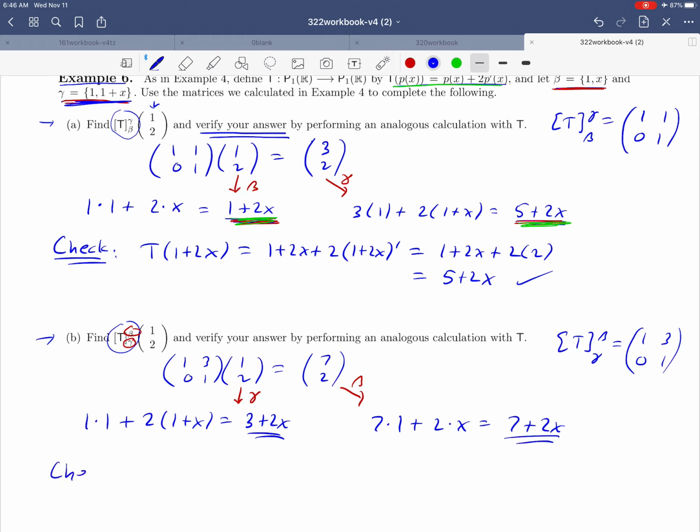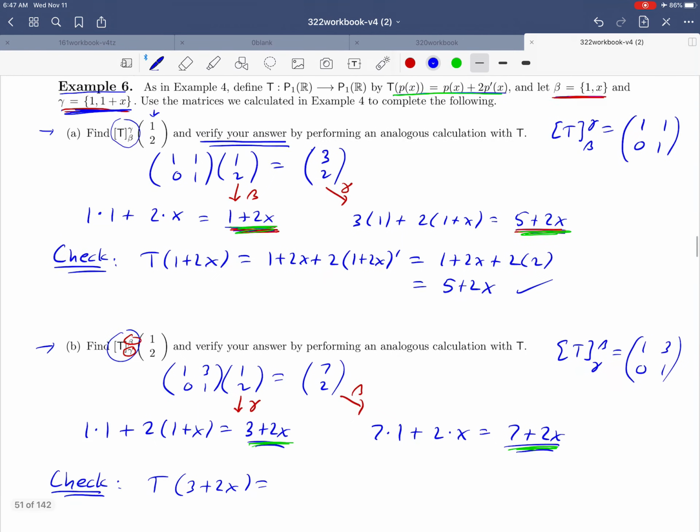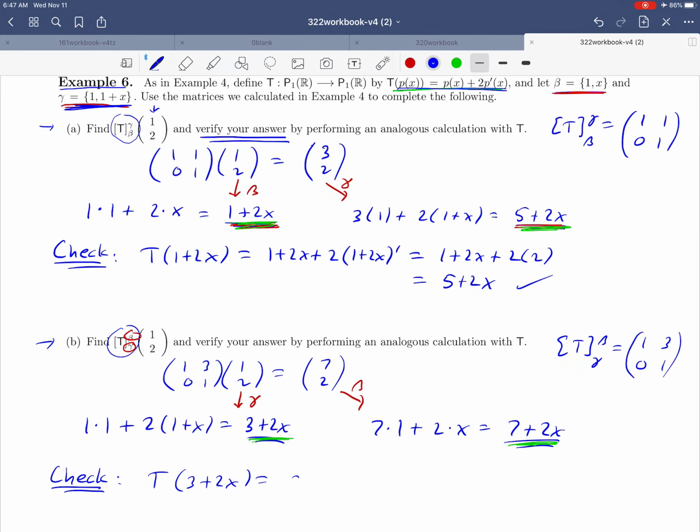Okay, we're ready to do our check. So if we've done everything right, what that means is that this vector 3 plus 2x should be an input. If we substitute that into our function T, we should get 7 plus 2x out. Let's see if we do. 3 plus 2x. Again, here's our definition of T. So we'll take 3 plus 2x plus 2 times its derivative, and the derivative of 3 plus 2x is 2.